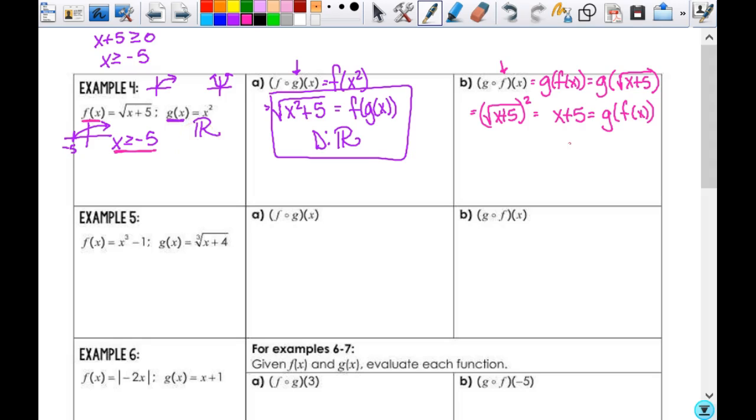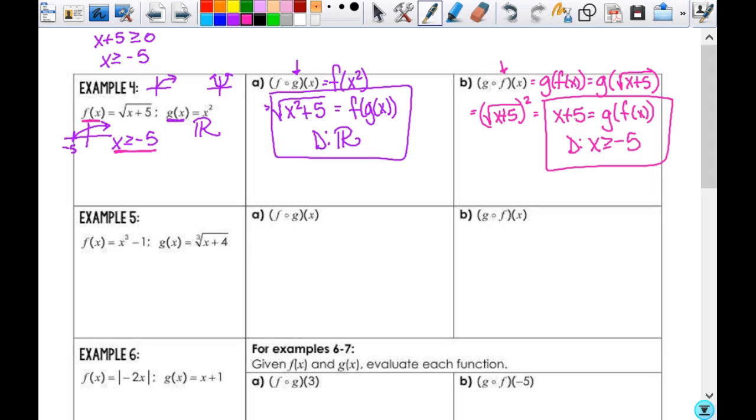So my domain is x is greater than or equal to negative 5. If you wait until the end to get your domain, you may not be right because it's not all real numbers, which is what this looks like here. You have to know how to look at what's your input, what's your output, what the pieces are.